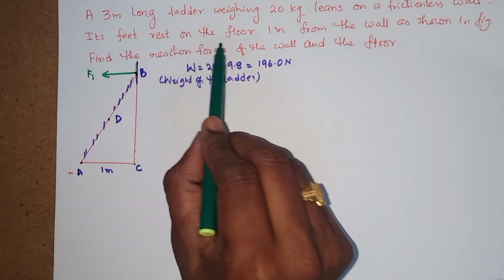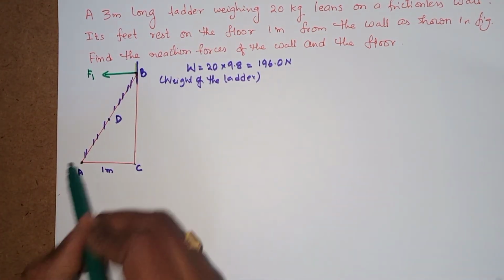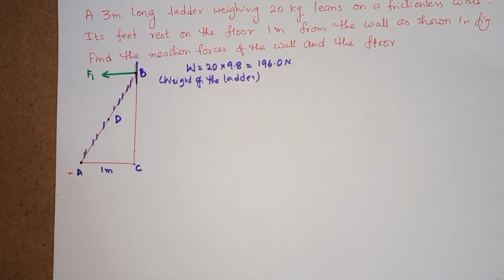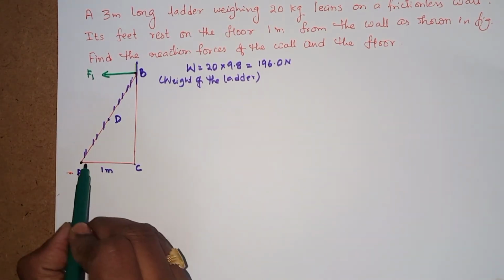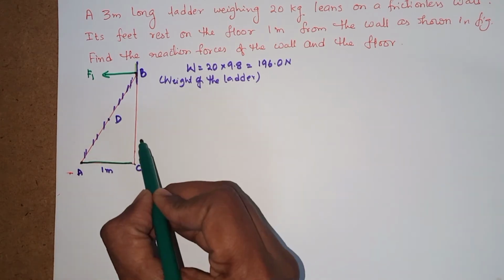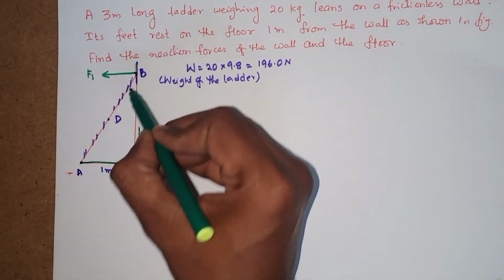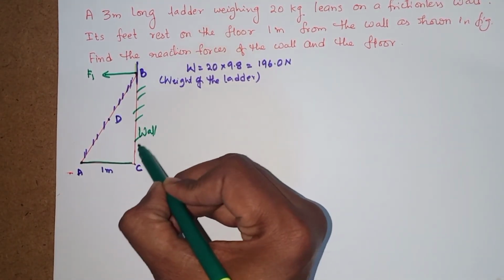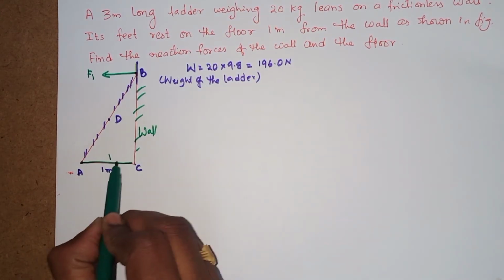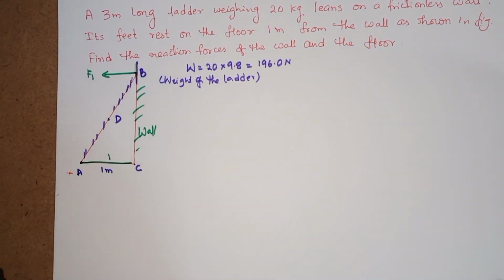Its feet rest on the floor, 1 meter from the wall. This is the wall actually. AC is 1 meter. Find the reaction forces of the wall and floor.